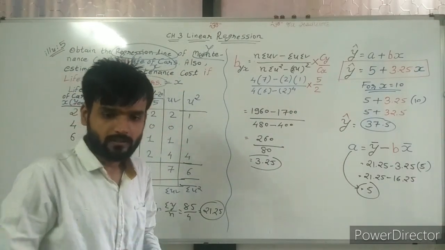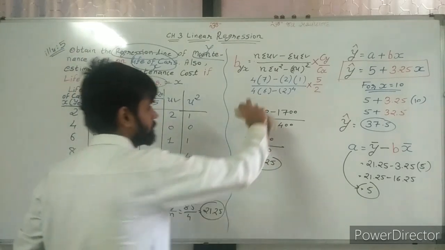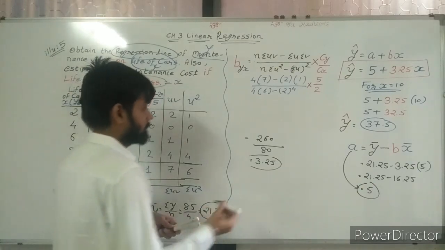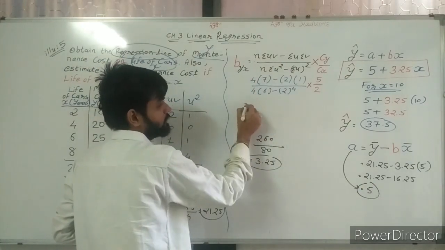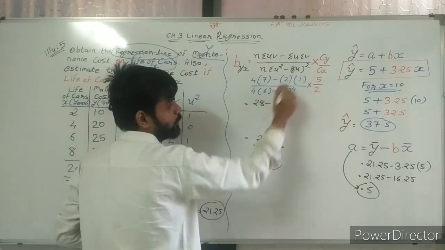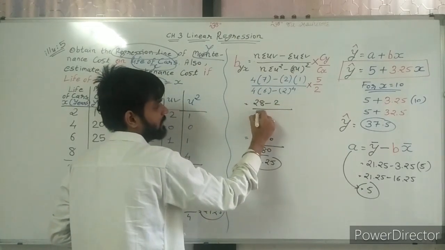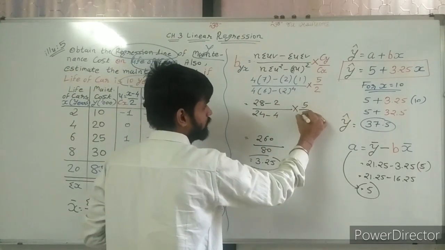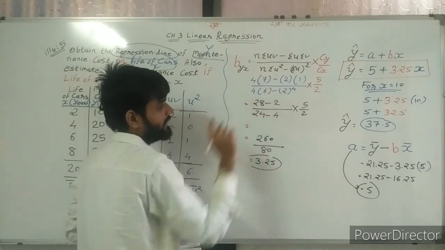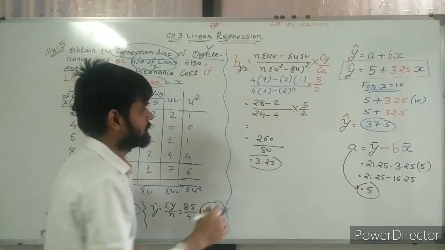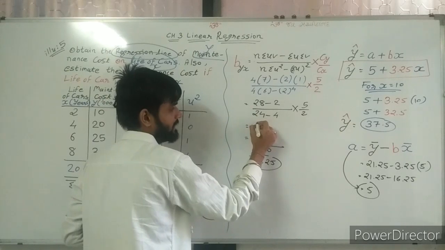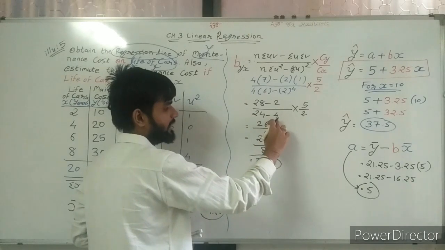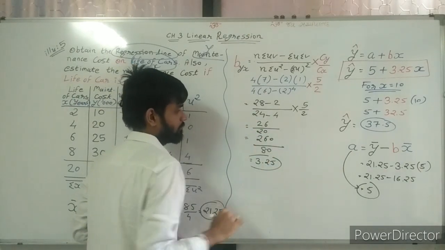Now we are calculating ahead. 4 7s are 28, 2 1s are 2, 6 4s are 24, 2 square is 4, into 5 divided by 2. Going ahead, 28 minus 2 is 26, divided by 24 minus 4, 20.